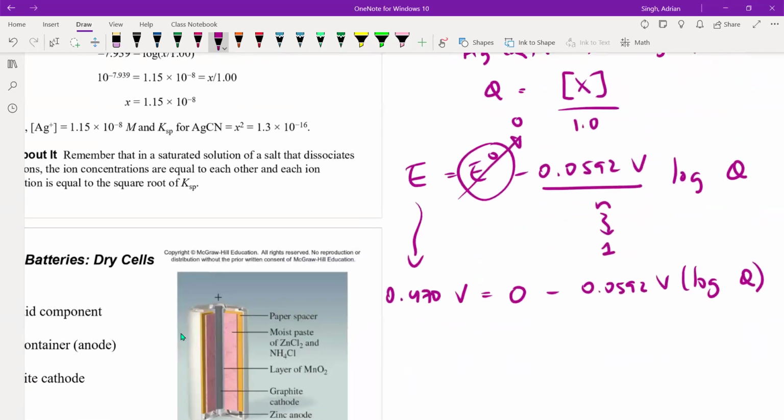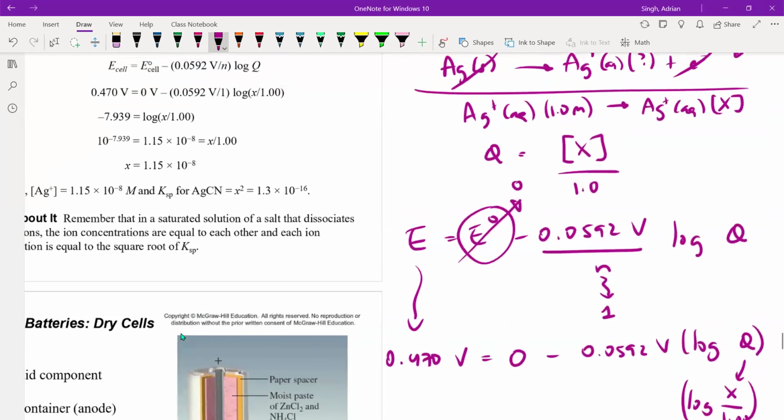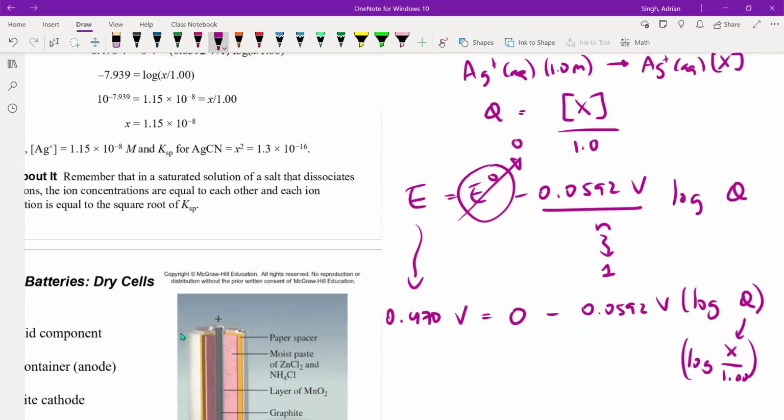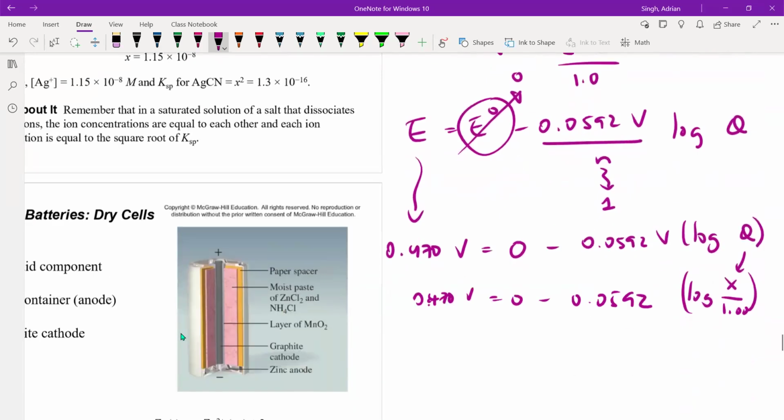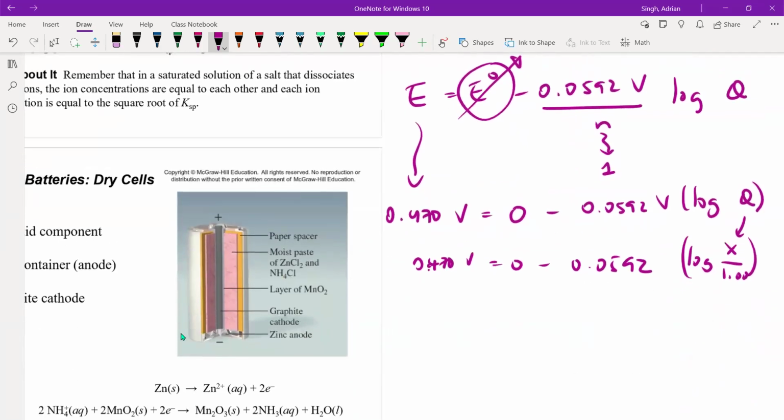We know that Q, like we said before, is X over 1. So we have 0.470 volts equals 0 minus 0.0592 times log of Q, and then we're just going to solve for the term that we want.